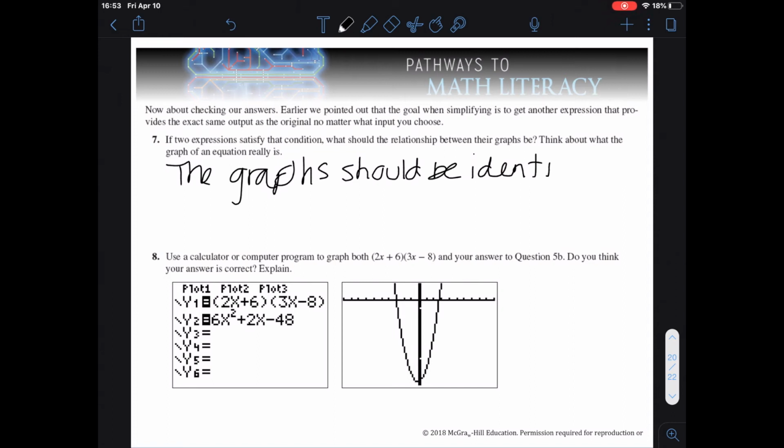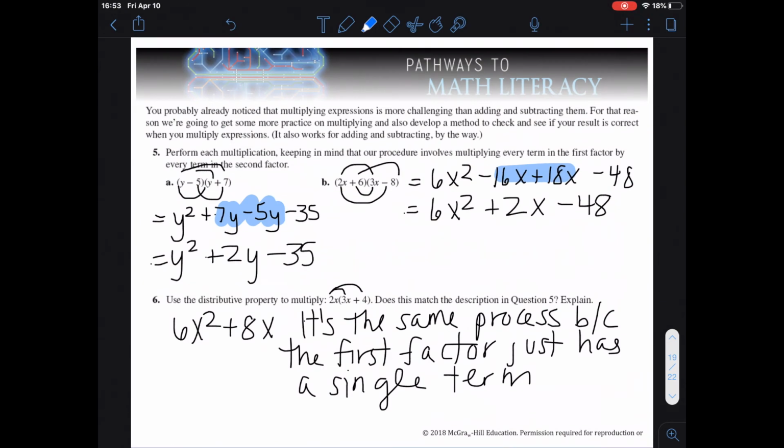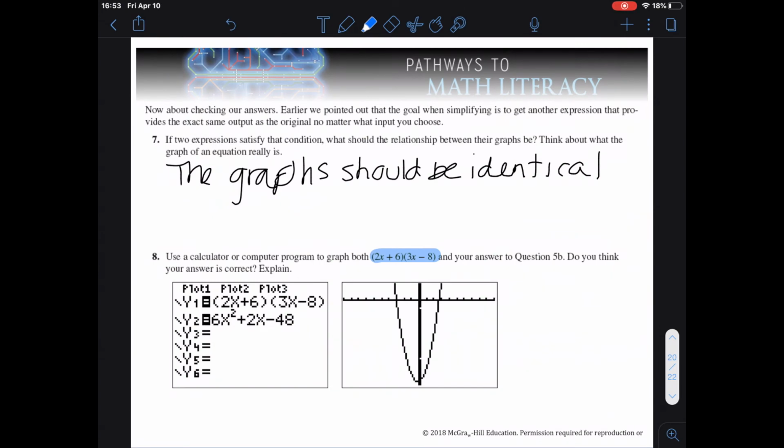There shouldn't be any change because it's still telling you the same information. So we went through and we multiplied this expression and found that it was equal to 6x squared plus 2x minus 48. If you go ahead and plot both of these, you're going to get exactly the same graph. So you only see one because they're just on top of each other. So yes, we are correct in that those graphs should be equal.